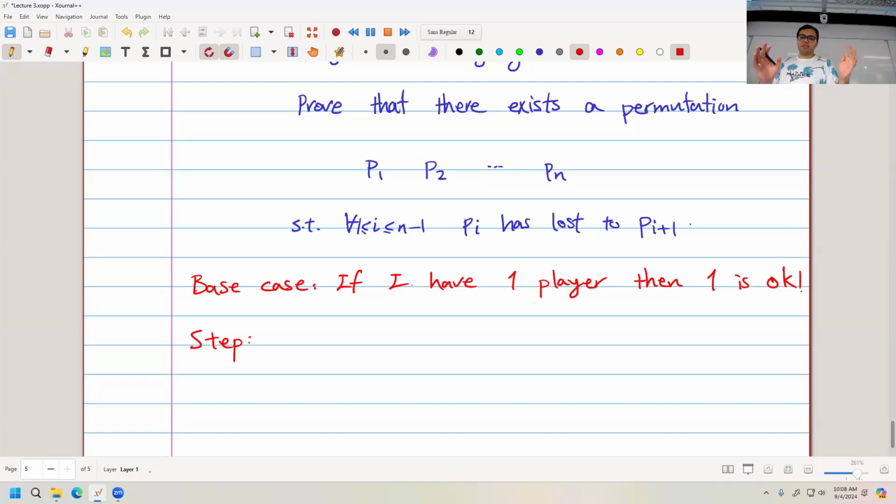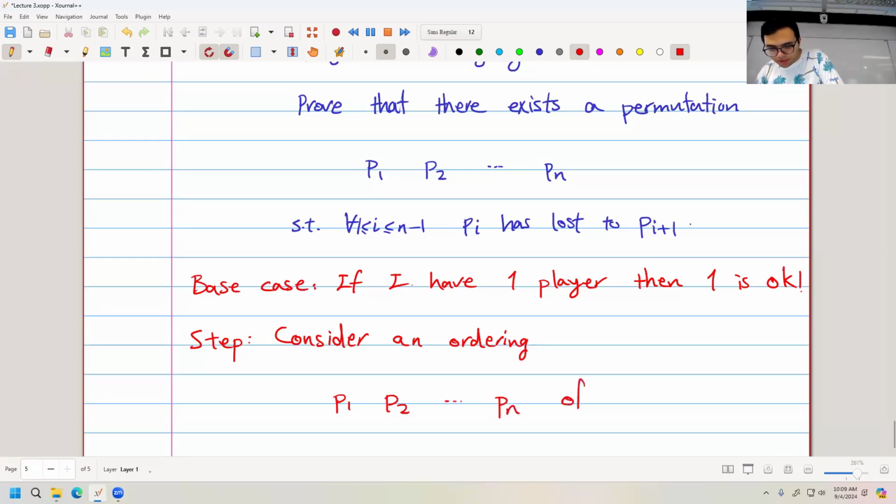I know that there is a way to put them in order such that each player has lost to the next one. So consider an ordering, let's call it P1, P2 to Pn, of the first n players of 1, 2 to n.